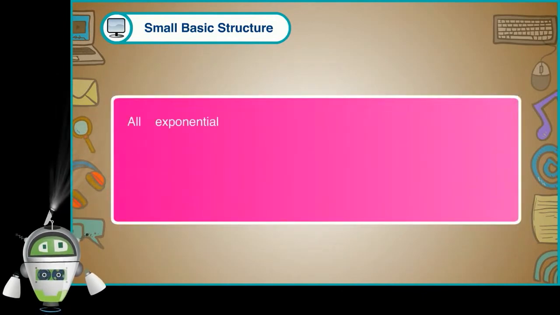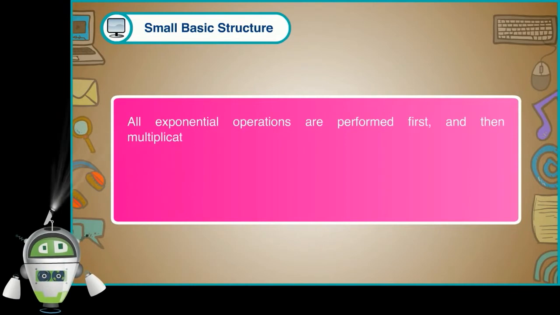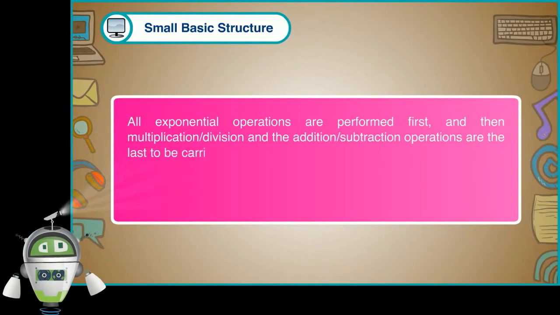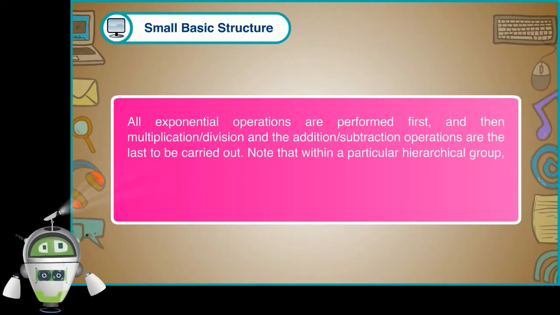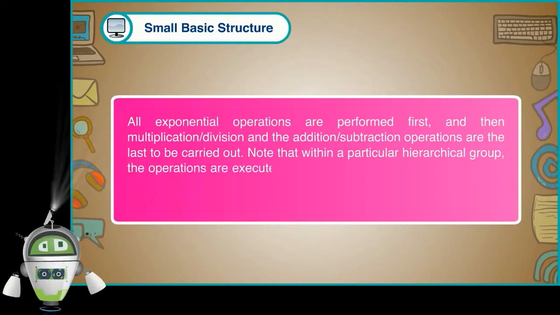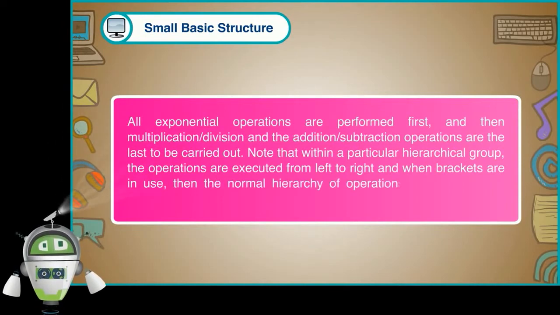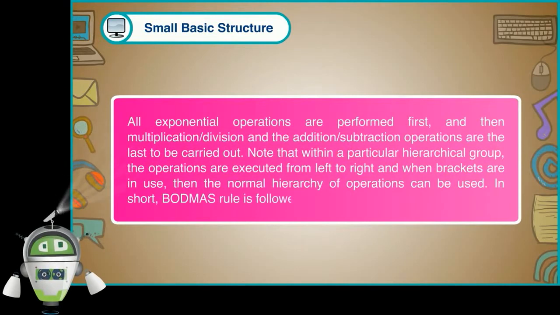All exponential operations are performed first, and then multiplication and division, and then addition and subtraction operations are the last to be carried out. Note that within a particular hierarchical group, the operations are executed from left to right, and when brackets are in use, then the normal hierarchy of operations can be overridden. In short, the BODMAS rule is followed to evaluate an expression.